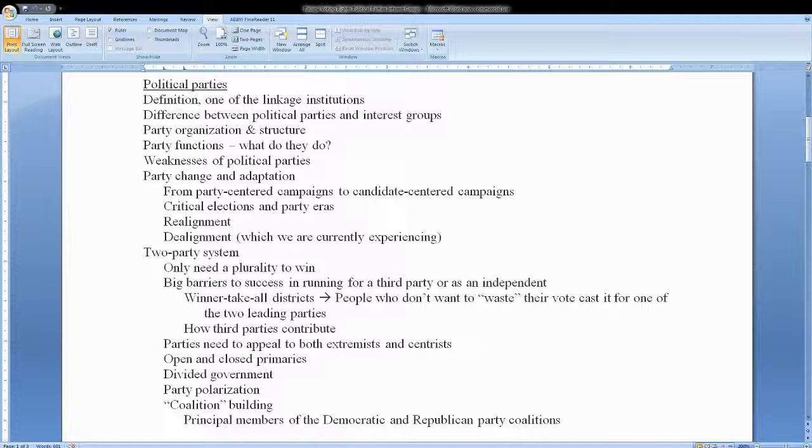Something has a seismic shift. It's not just a matter of somebody going more one way or the other. It's a matter of some group of voters shifting their loyalties for one reason or another. If you don't remember the party eras, you should go back and look at them. But remember that the New Deal was the start of one of the eras.